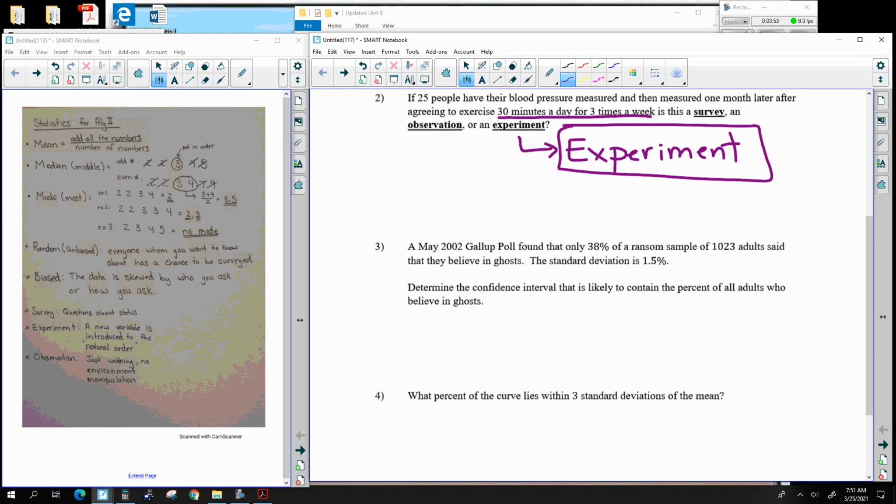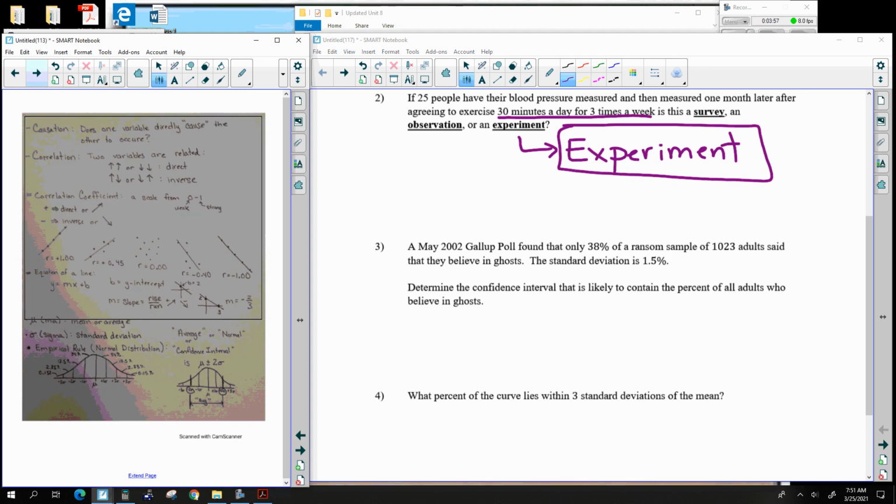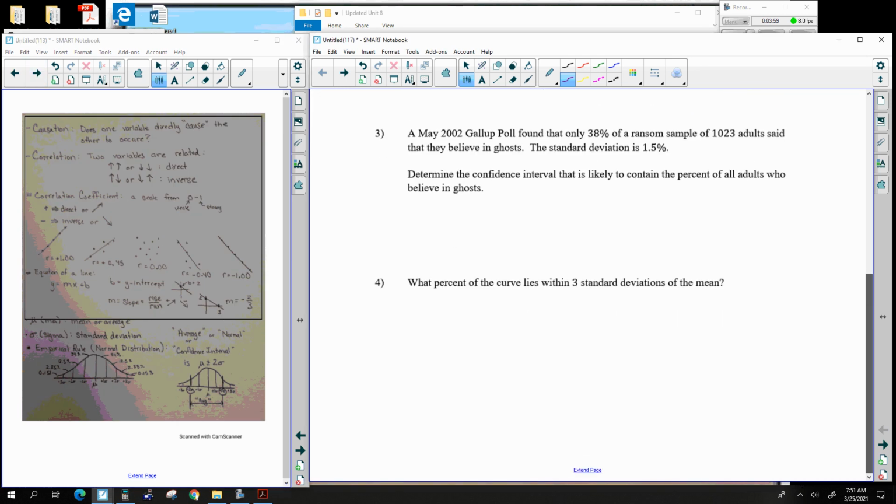All right, so number 3, again, is talking about confidence intervals. And so again, that is going to be 2 standard deviations up and down from the average. I see that the average in this case is 38%, with a standard deviation of 1.5%.